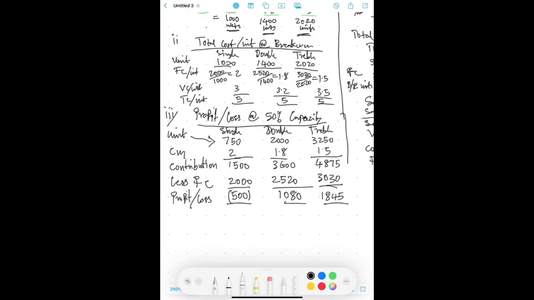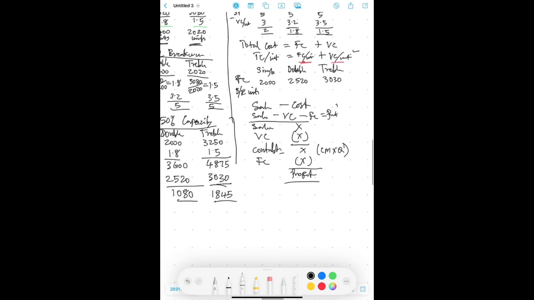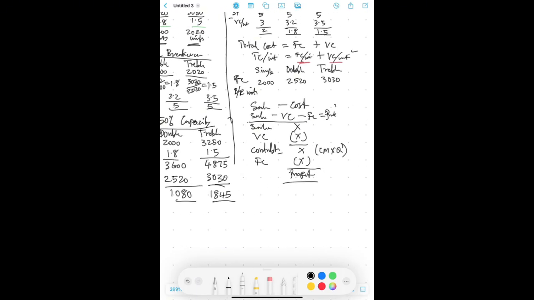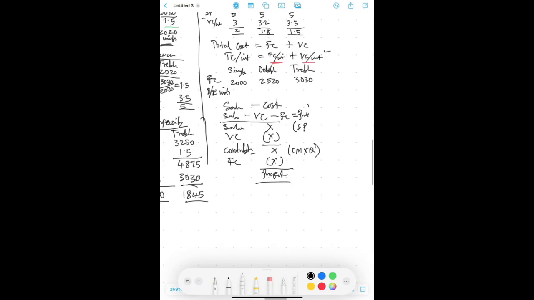So this is the end of the question. We'll look at another question again. The major thing is you need to know your income statement, which is as simple as this. It is very important. Your sales is made up of selling price times quantity.